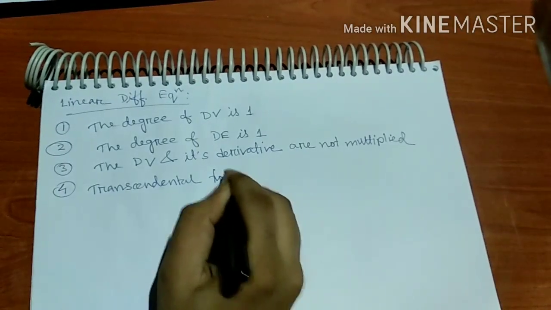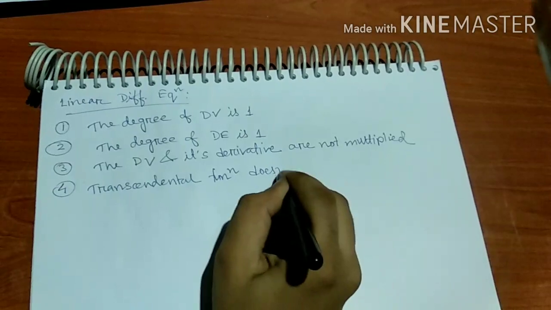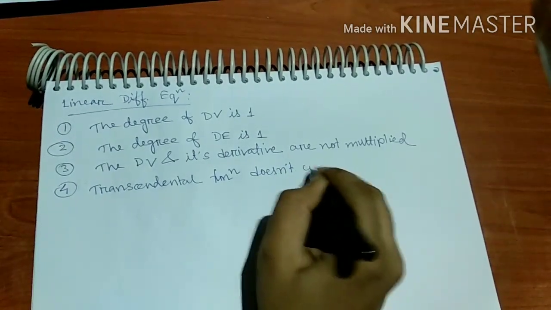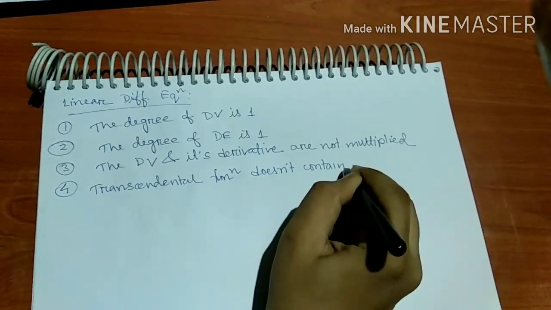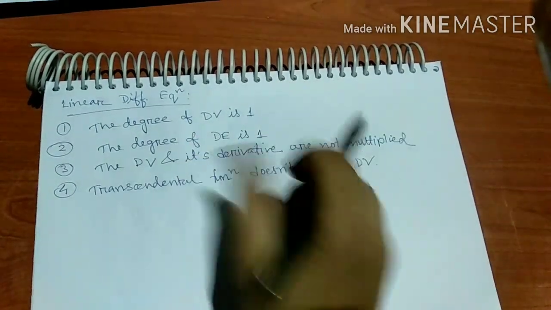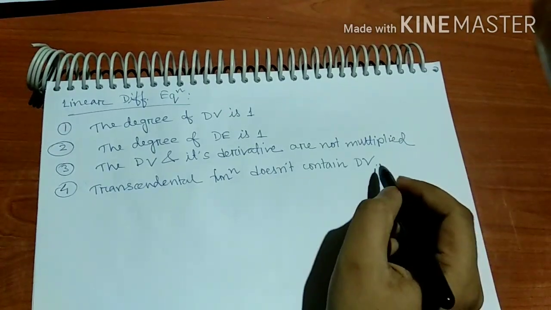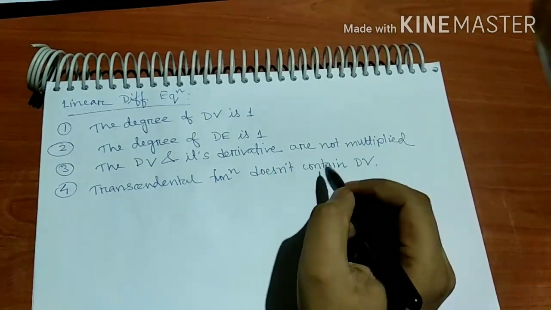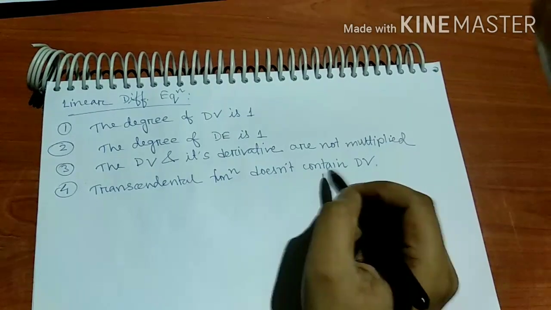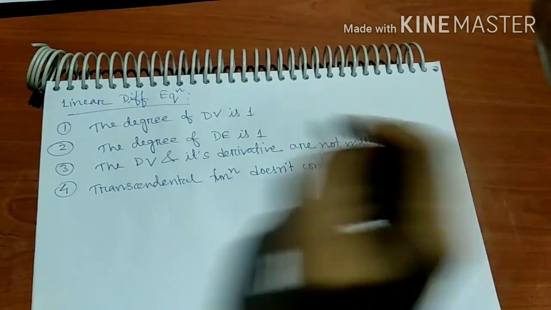I will tell you what a transcendental function is. A transcendental function doesn't contain the dependent variable. These are all 4 conditions that must be satisfied in order to consider a differential equation as a linear differential equation.